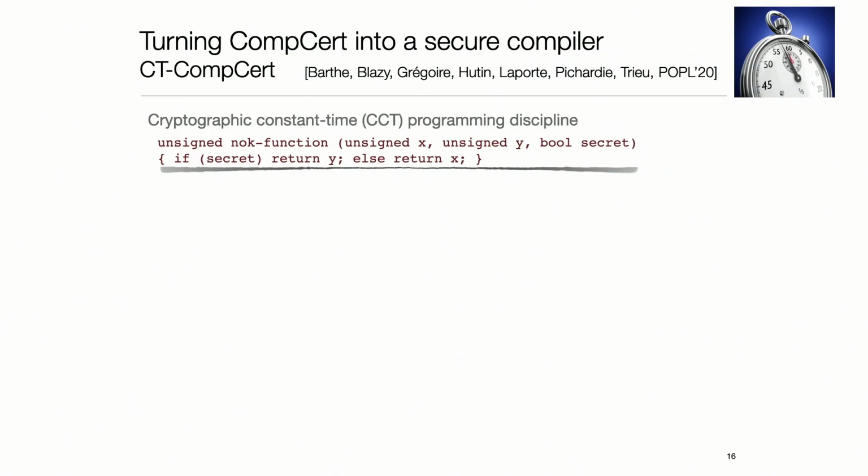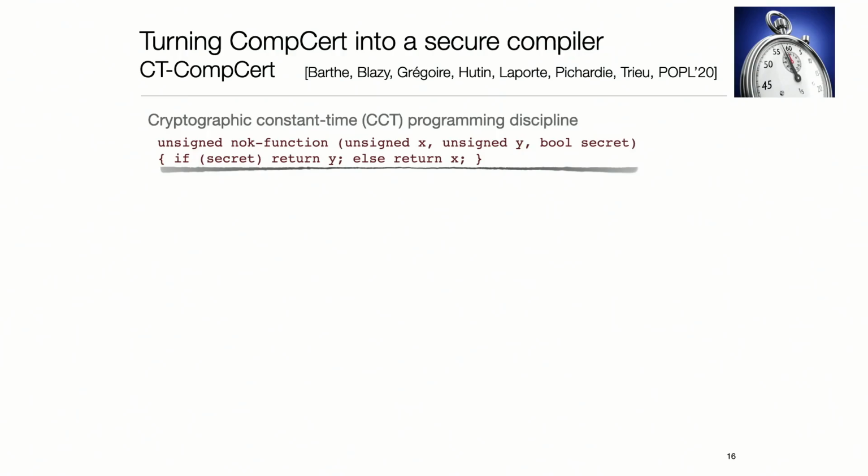The idea here is that the programmer should avoid writing programs where either conditions or memory accesses depend on secret values. This means that the programmer is not allowed to write this program that has a condition that depends on the secret values. Of course, the programmer knows in advance what the secret values are.